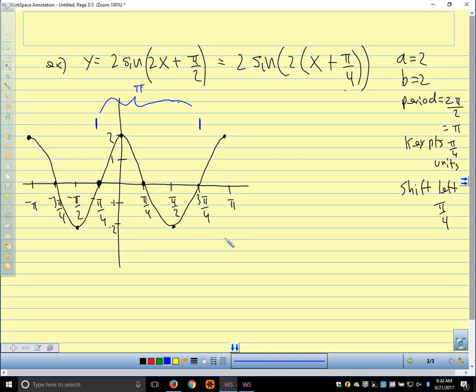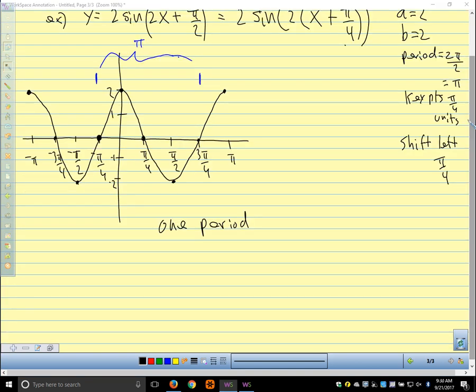Some students find it useful to look at where we have a full period. And we can do that by saying we get one period. Now you don't have to do this. Some students just like to be able to visualize this. I like just working with the key points.